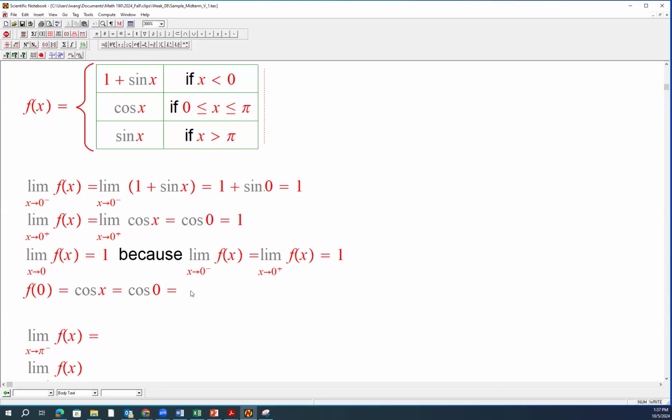It's a mistake because cosine x is the entire curve. In this case, it's from 0 to pi that we apply the function cosine x. And now you say cosine x is equal to cosine 0. This is the mistake, so remove that part.